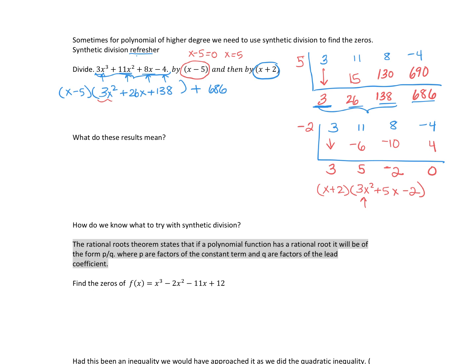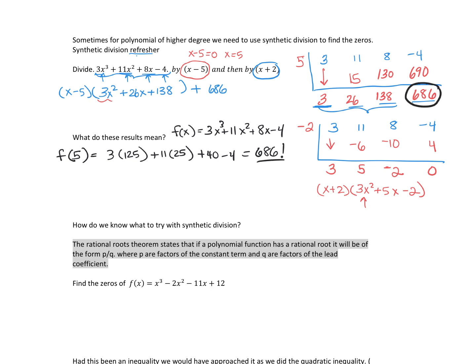Well, if our function was f of x equals 3x cubed plus 11x squared plus 8x minus 4, and I plugged in the function value at 5, you can see that I would get 3 times 125, 11 times 25, plus 40, minus 4, and we get 686.